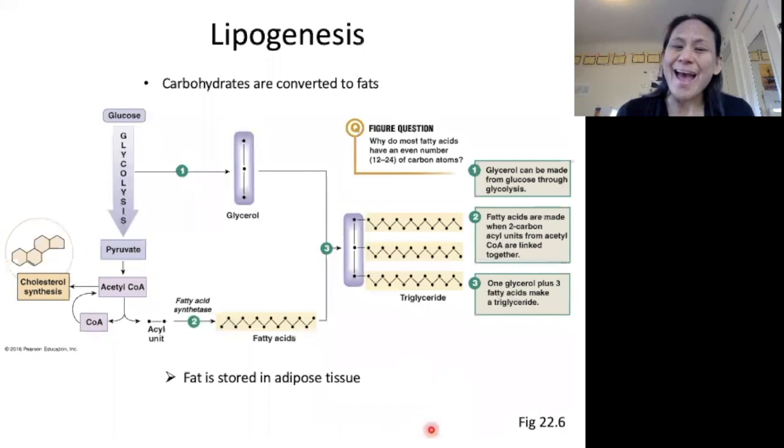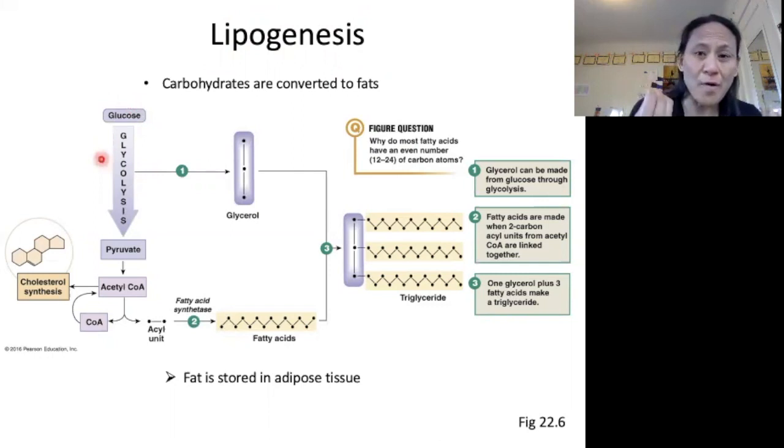Okay, taking a look at the synthesis of fats. Again, looking at word roots, we have genesis, which means the making, right? And lipo means fat. So lipogenesis is going to be the making of fat. How do we do this? As you know, we're starting with carbohydrates. Remember that we're talking about the fate of carbohydrates during the fed state.